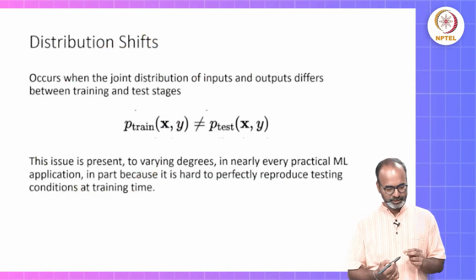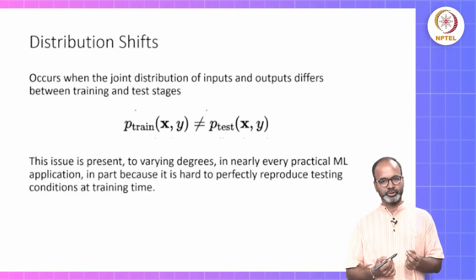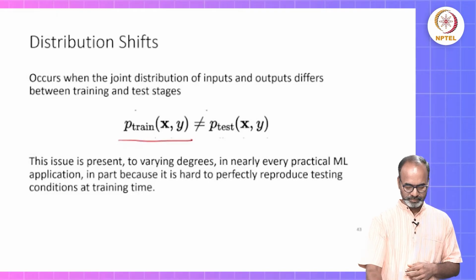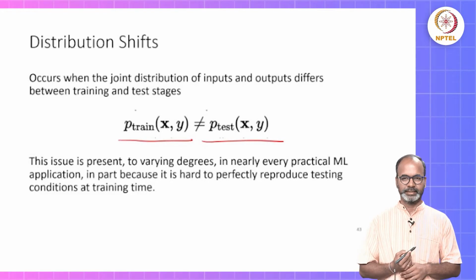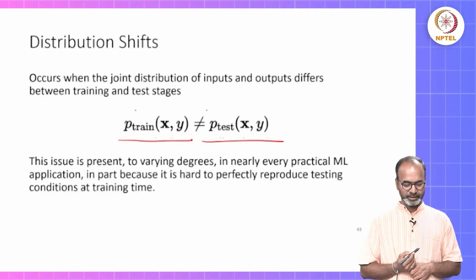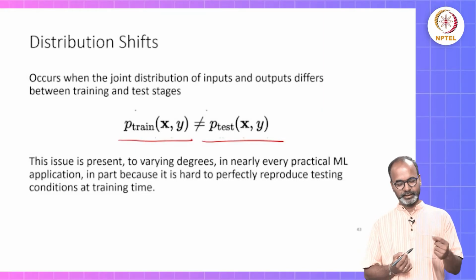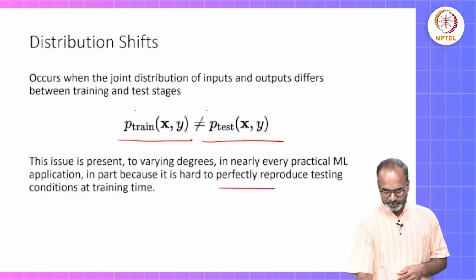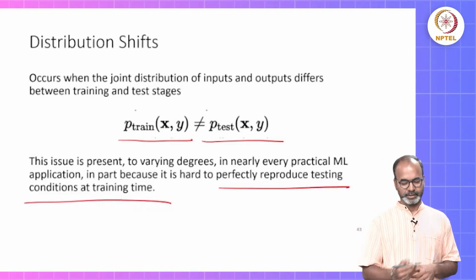Distribution shift occurs when the joint distribution of input and output differs between the training and test stages, which is P train of X and Y is not the same as P test of X and Y. This issue is present to varying degrees in nearly every practical ML application, in part because it's hard to perfectly reproduce testing conditions at training time.